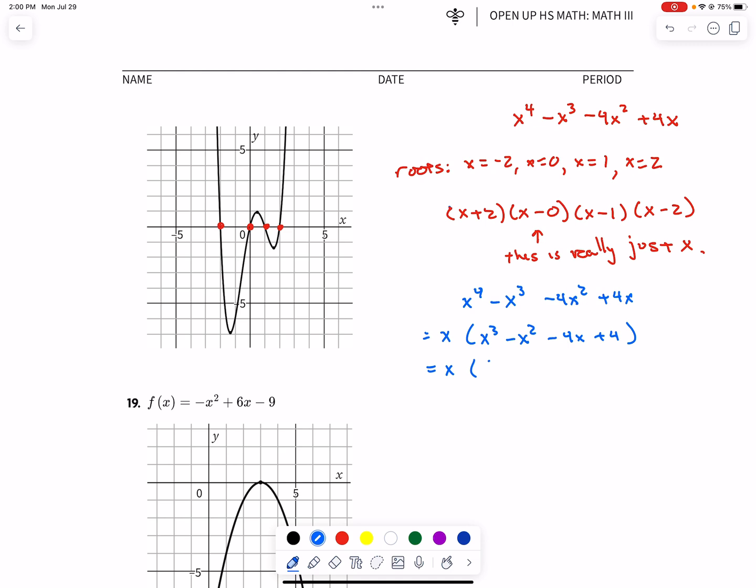X cubed minus x squared is x squared times x minus 1. And then I'm going to factor out negative 4. And again, negative 4 times what to give you positive 4? Oh good, it's another x minus 1. Okay, I no longer need the extra parentheses, so I'm just going to hook them. And that's going to end up being the x minus 0.